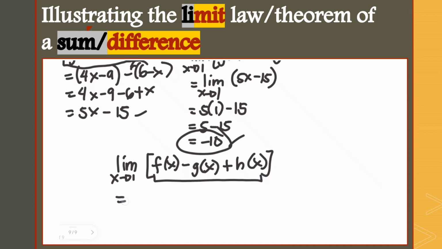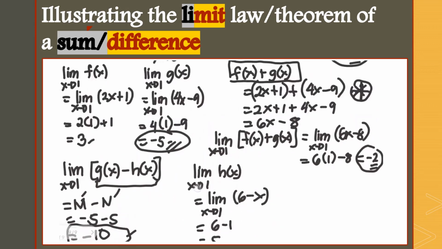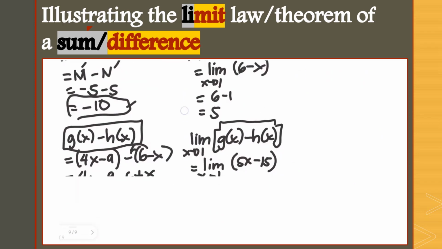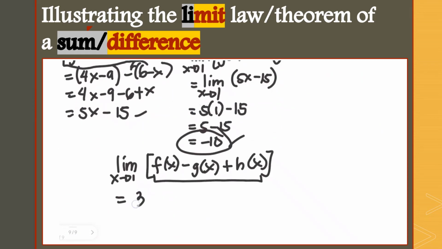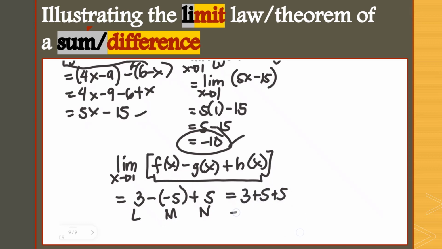Simply apply or use their limits. The limit for L is 3, then for M is negative 5, and then positive 5. So we have here 3 minus negative 5 plus 5. This is L, this is M, this was N. The result is 3 plus 5 plus 5, that's 13.